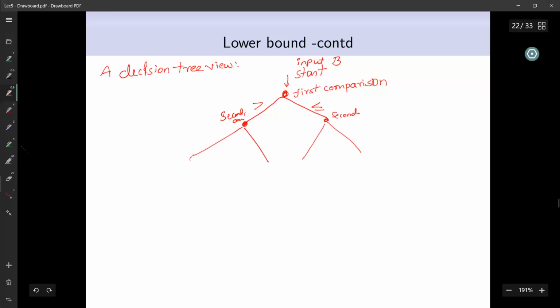And then a third comparison for each of these, etc. At some point it will end. Here is this last comparison.